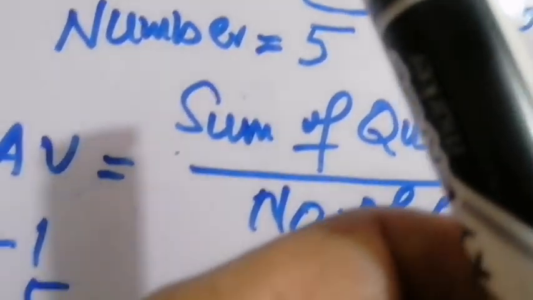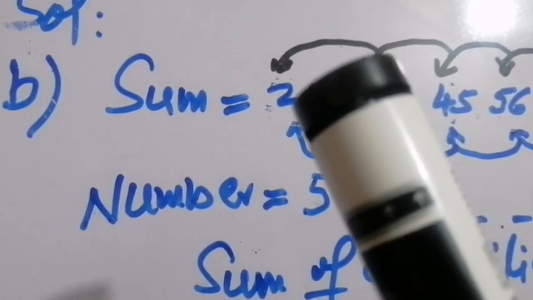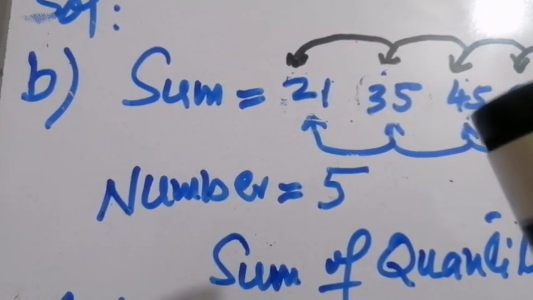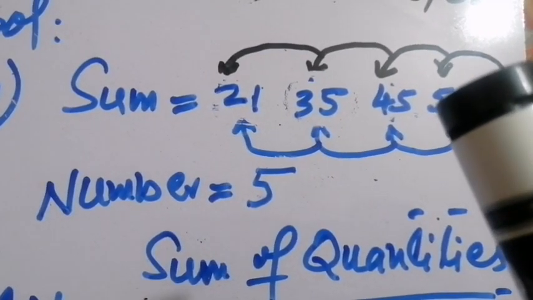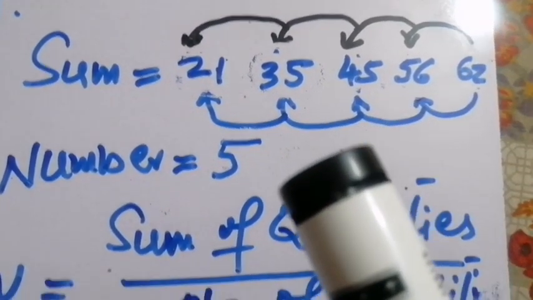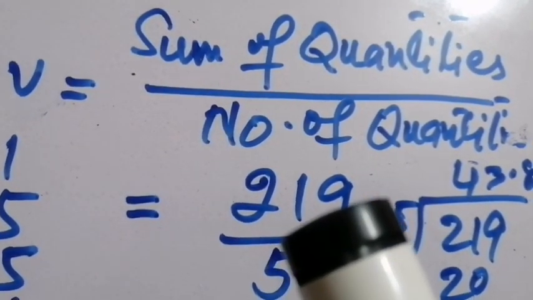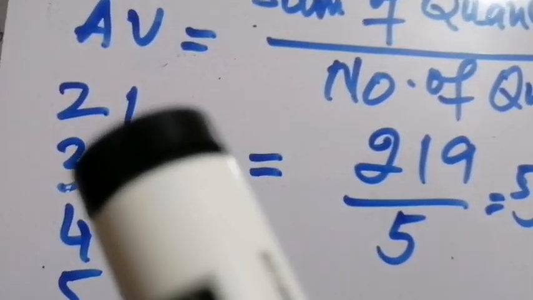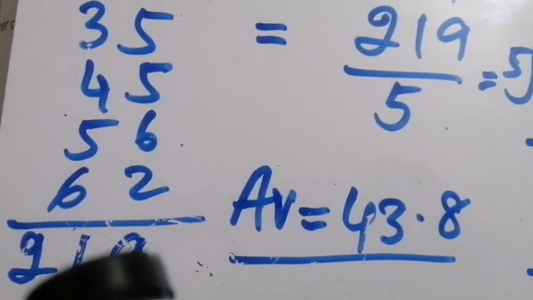So for the 19 we will keep 9 here, and this 1 will be added over here. 2 and 1 is 3, 3 plus 3 is 6, 6 plus 4 is 10, 10 plus 5 is 15, 15 plus 6 is 21. So the sum of all the quantities is 219, and the number of quantities is 5. Or you can add it vertically, and it will give you 219.